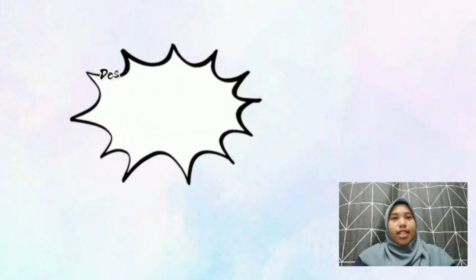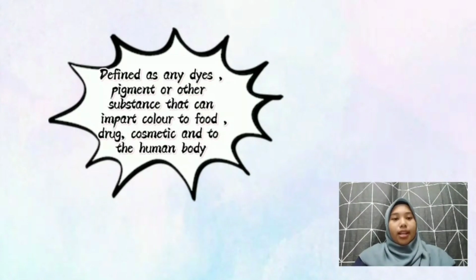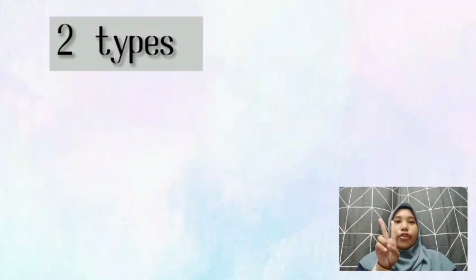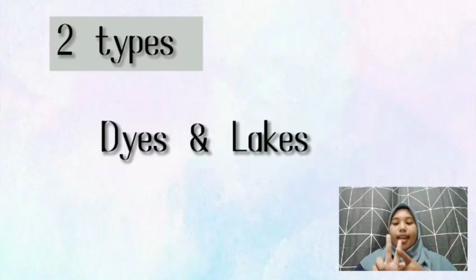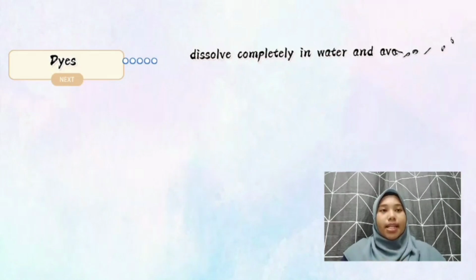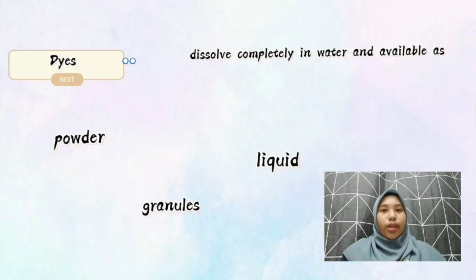Food coloring is defined as any dyes, pigment, or other substance that can impart color to the food, drug, cosmetic, or to the human body. There are 2 types of food coloring, which are dye and flakes. Dyes dissolve completely in water and are available as powder, granules, or liquid.